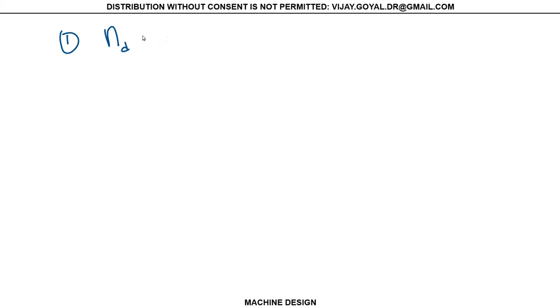If the design factor is not given, take it as 1.15. That's standard. You have to have a strong justification to make it equal to 1. The very first thing you do in the problem, either you multiply the stresses or the loads by this factor.